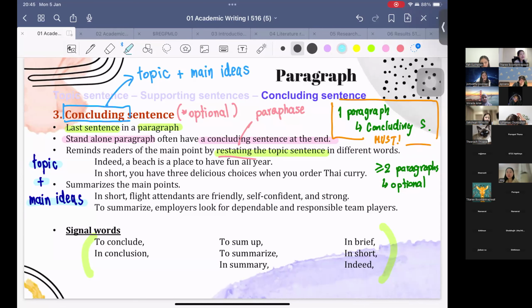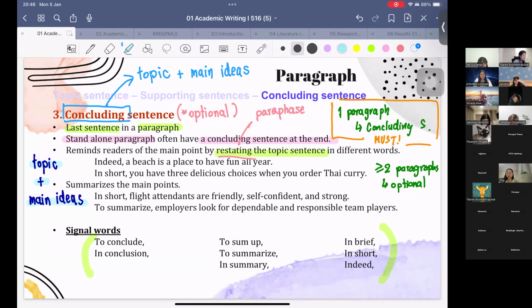The topic sentence and concluding sentence actually do the same job, which is to provide the reader an overview of what you write. But the topic sentence is at the beginning, and the concluding sentence is at the end. When you conclude, it is often more detailed. That's why it's topic and main ideas.